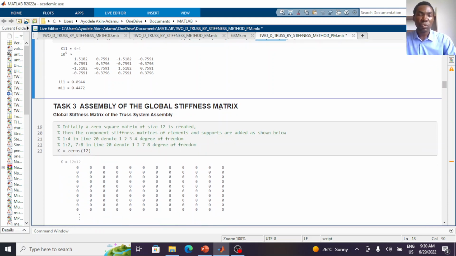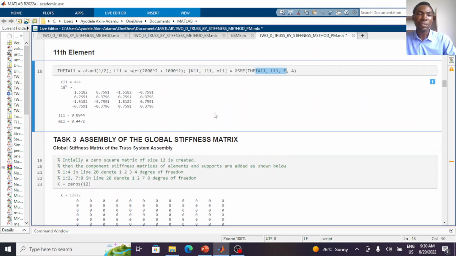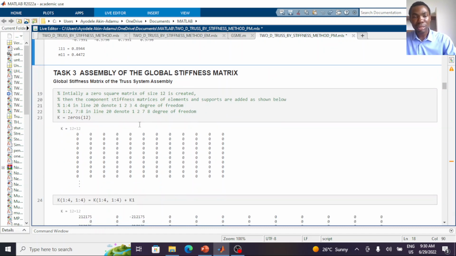The next thing we need to do is define our global stiffness matrix by assembling all the 11 local stiffness matrices into one matrix. To do this, I usually create a base matrix, which is a zero square matrix. For this problem, because we have 12 degrees of freedom, our base matrix will be a 12 by 12 matrix.